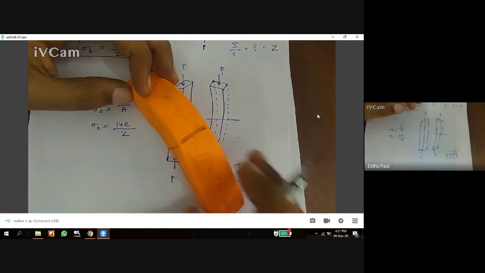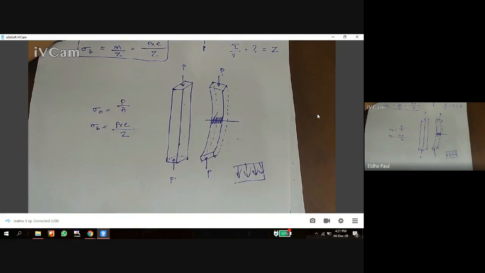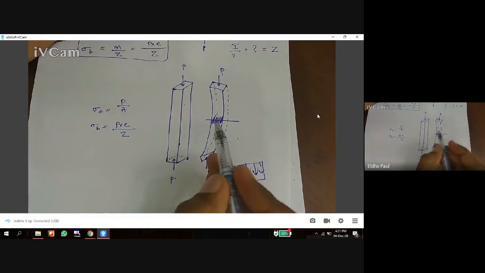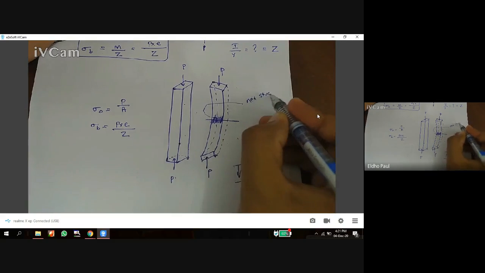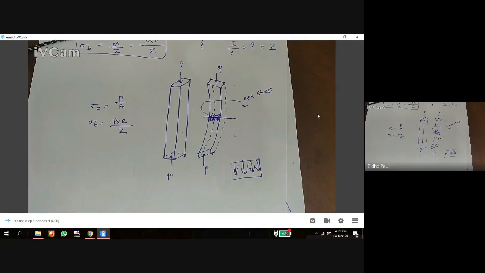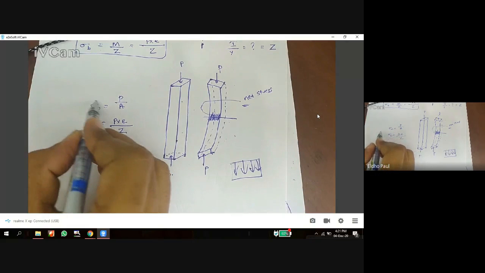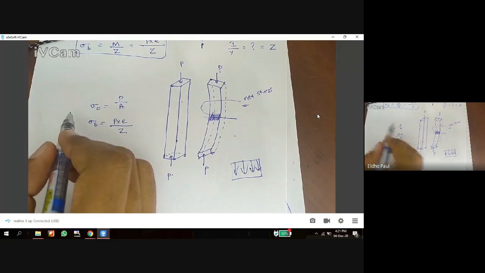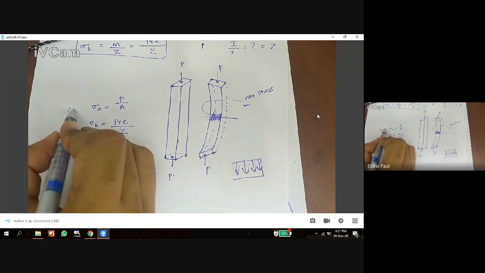So what is the value of net stress on this front surface in this cross section? Net stress on this surface is equal to sigma 0, which is compressive throughout the cross section.